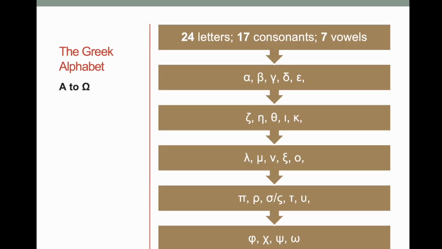Let's begin by going over all the letters of the Greek alphabet. There are 24 letters in the Greek alphabet. 17 of them are consonants and 7 are vowels. So let's look at each line that I have here.